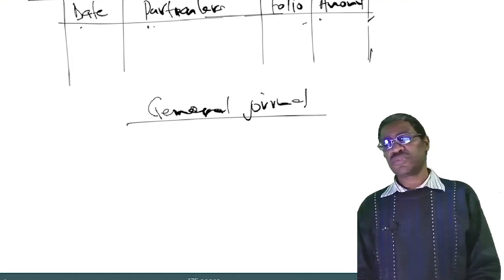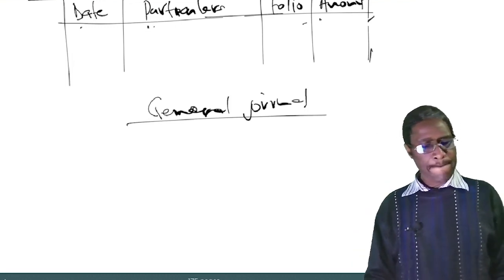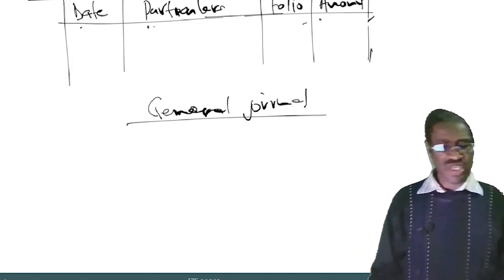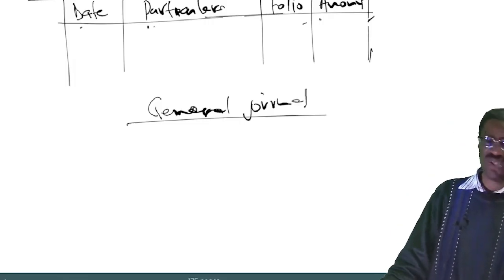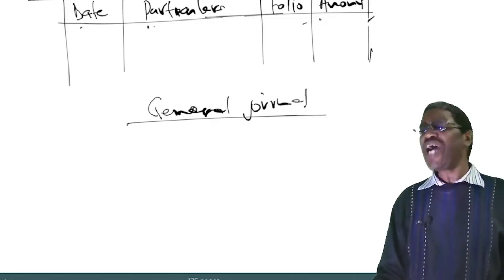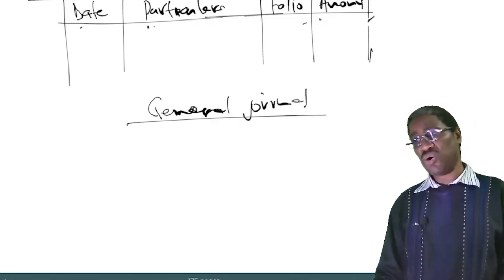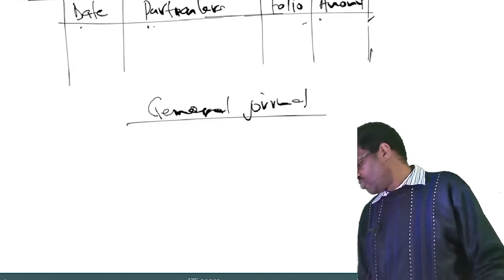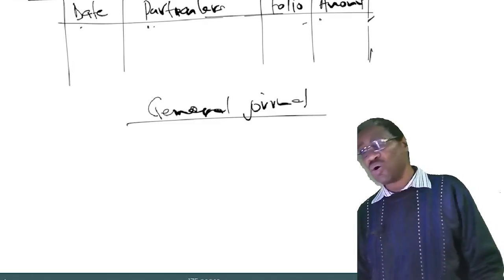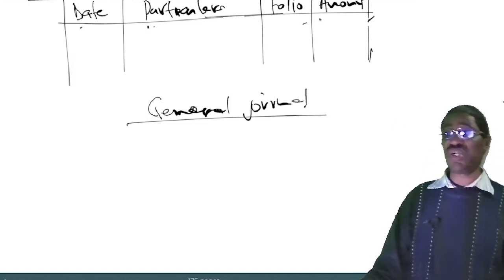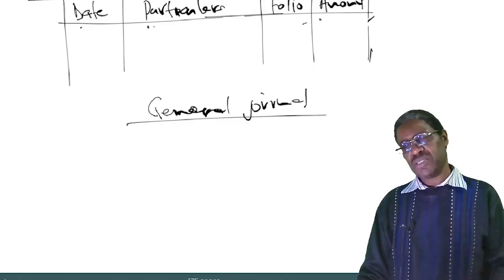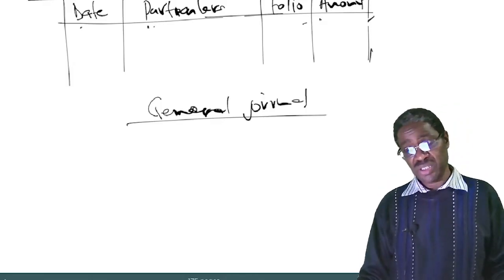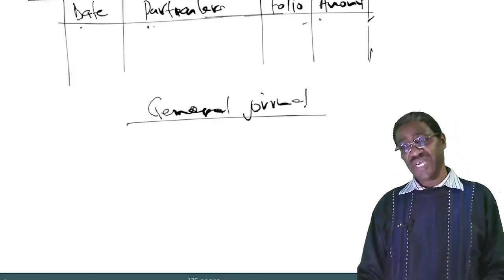Then you say this book is used to record any other transaction that cannot be recorded in any other book of original entry.